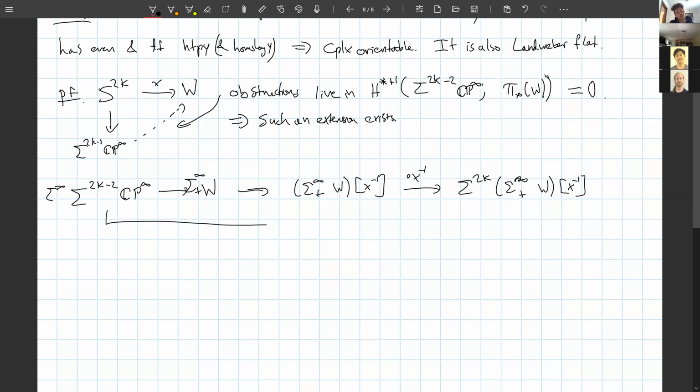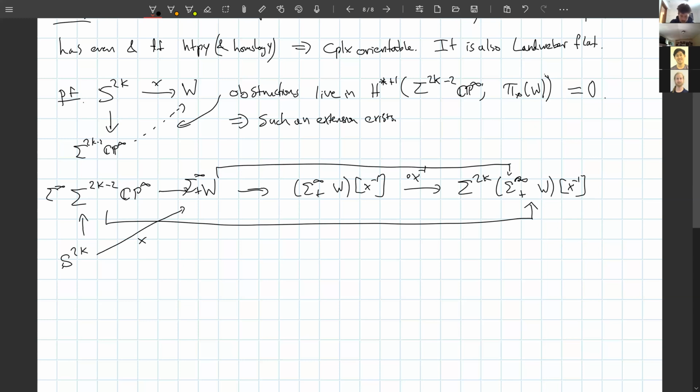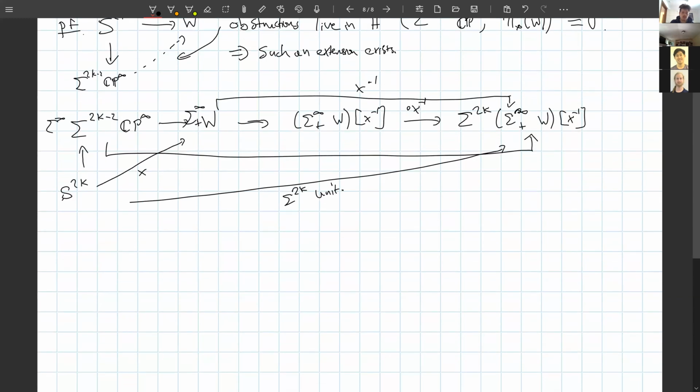And so this long composite, if you restrict it to the 2k skeleton, then this part is X, and then from here to here, I did X inverse. So the long composite is the suspension 2k of the unit. I hope this is clear. This is a complex orientation.